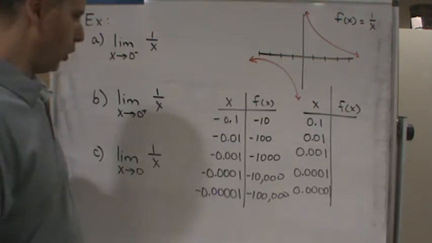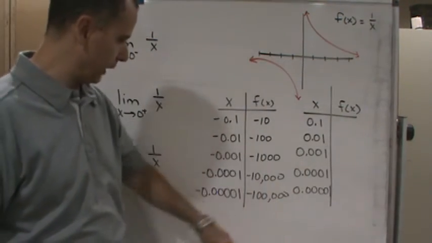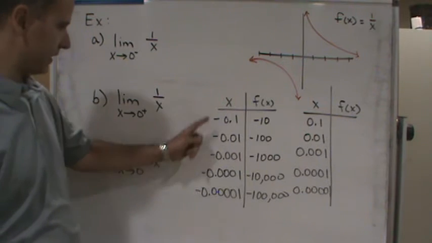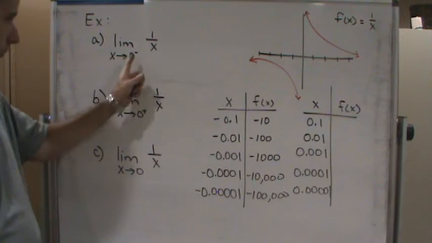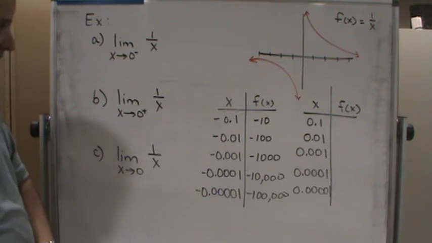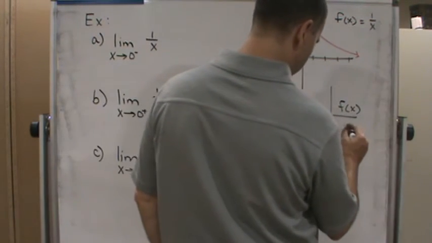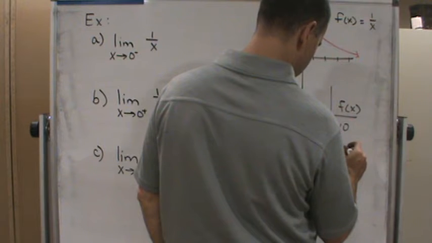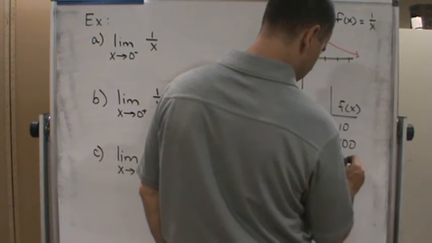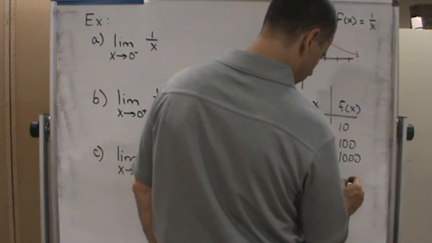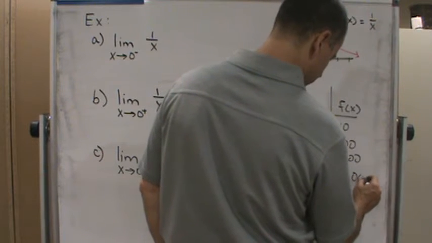Okay, so notice that it's going bigger and bigger and bigger as x gets closer and closer to 0 from the left. And then over here, if we go from the right, we see that as well, we're going to have the same growth, but in the positive direction.